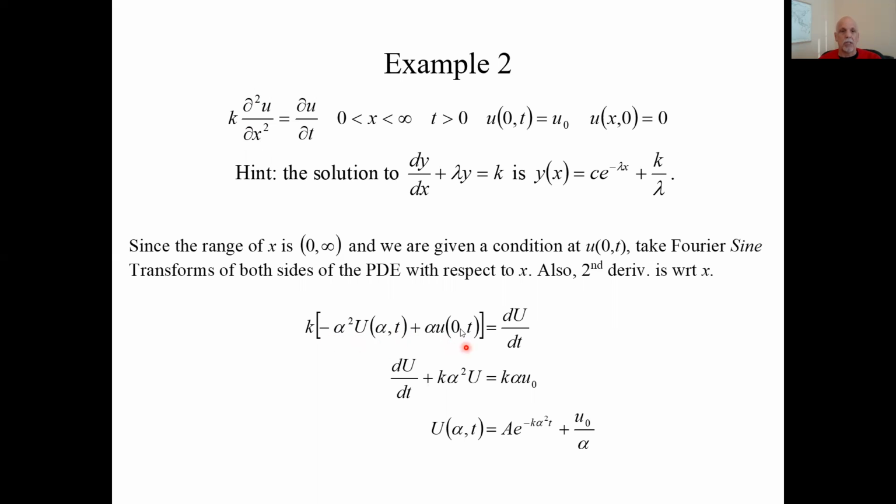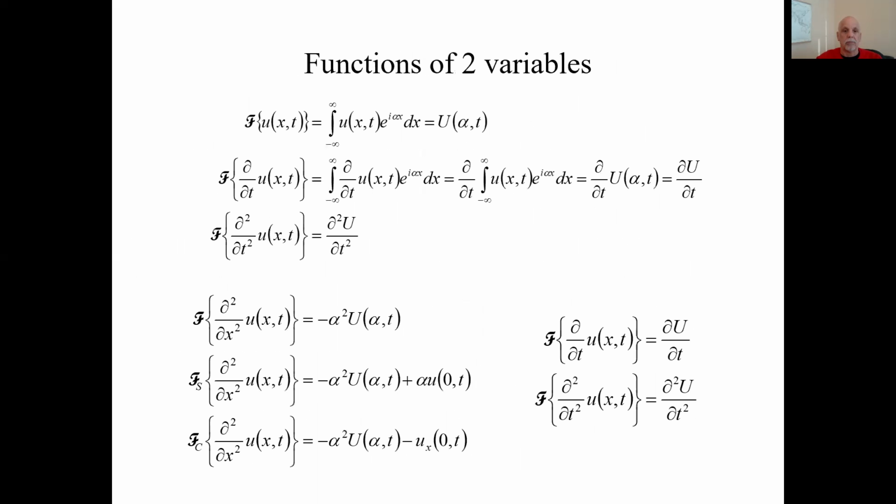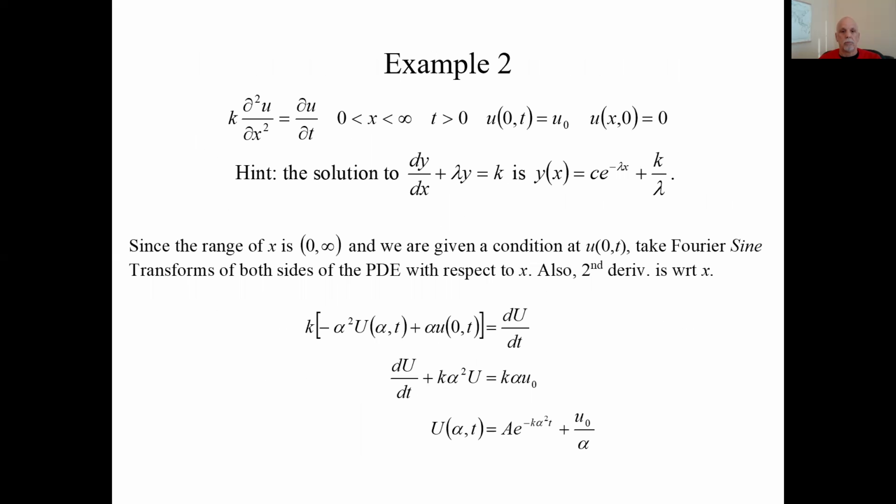Here's the sine transform of this thing. Where is it? Here's our formula sheet. If it's the sine, it's minus alpha squared big U plus this alpha times little u. There it is from our formula sheet.